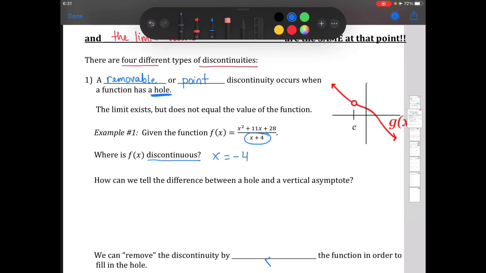If I take my whole function and factor it, and my denominator cancels, then there's a hole. If it does not cancel, then there is a vertical asymptote. So let's write that down. Can cancel denominator. And I'll do an example which will make more sense. And a vertical asymptote is when you cannot get rid of the denominator.